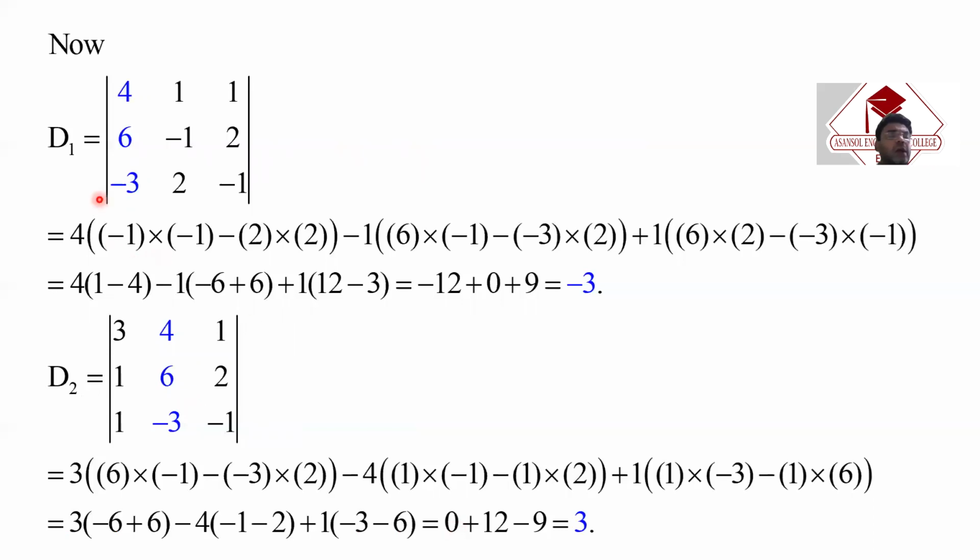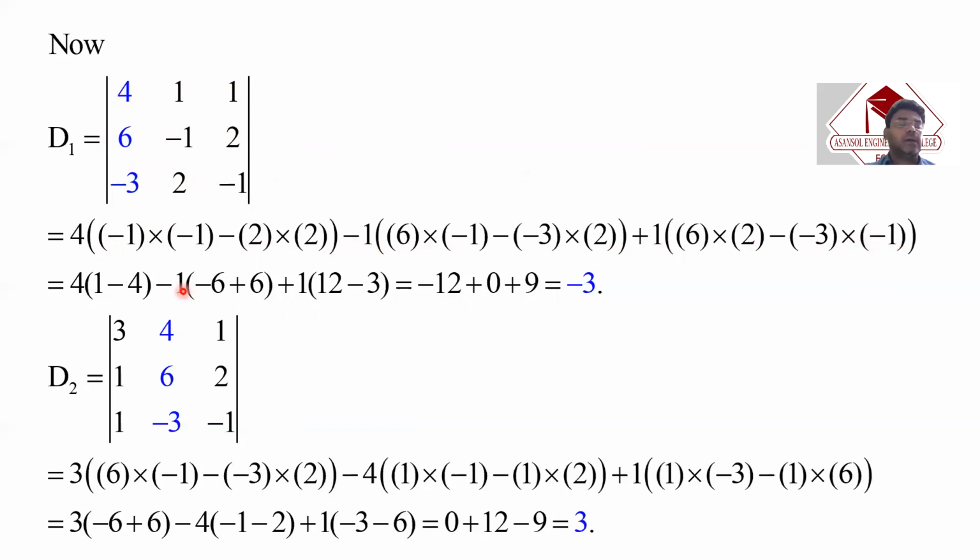Now calculate D1. So already you know 4 into minus 1 into minus 1, 2 into 2, this one, minus 1, 6 into minus 1, minus of minus 3 into 2, this one, plus 1 into 6 into 2 minus of minus 3 into minus 1.